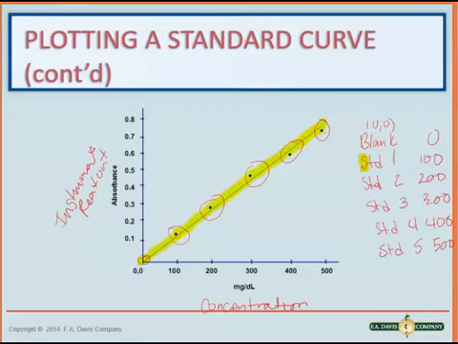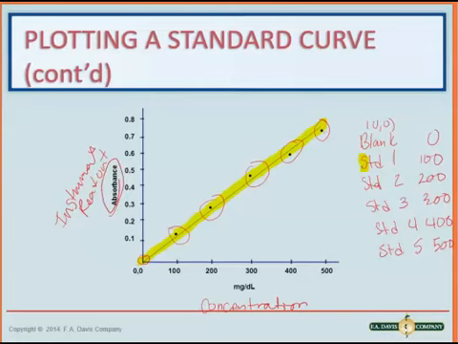So what's the whole point of establishing this standard curve? Why go through all this work to come up with this standard curve? Well, let's say we have a patient sample, and we run it on our instrumentation, and we have a readout of absorbance.